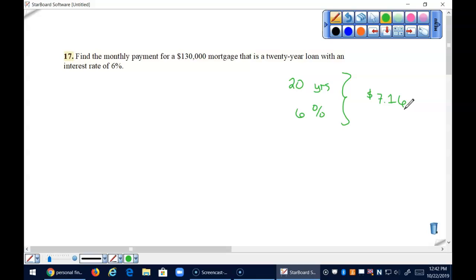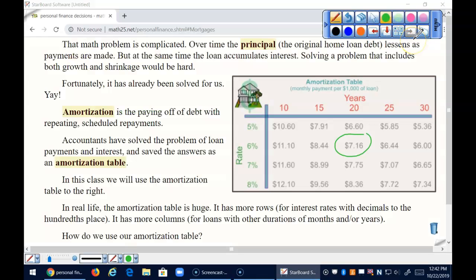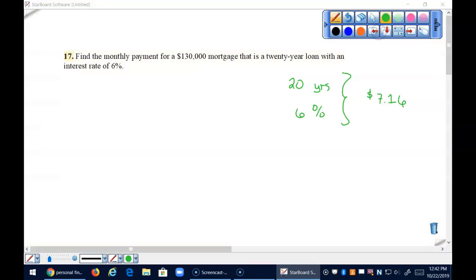Okay, what other thing do I do? What's the 716? Whoops, wrong way. 20 years, 6%, that's where they cross. What do I do with that?